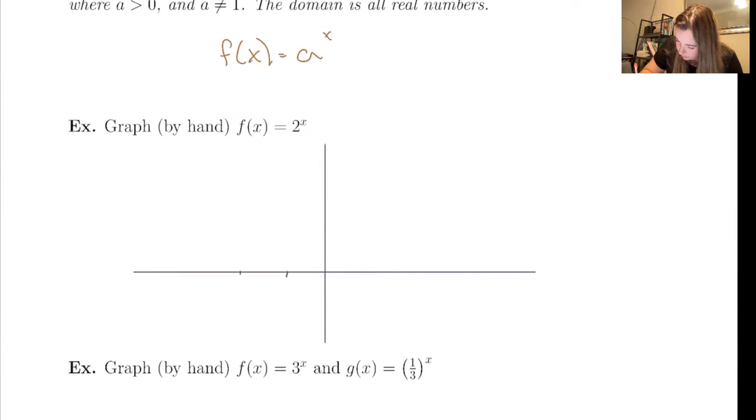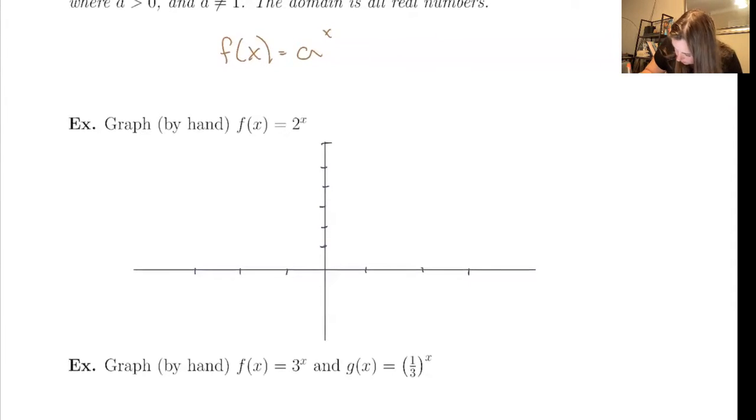So I know when x is 0, it's going to be 1. And then at 1, it's going to be 2, and at 2, it's going to be 4, and it's going to go up and up like that. All right, but what about on the other side?